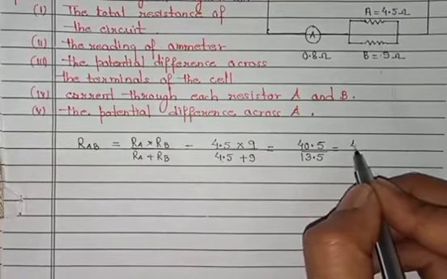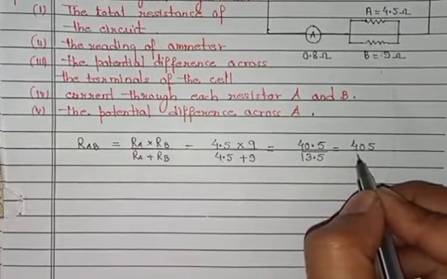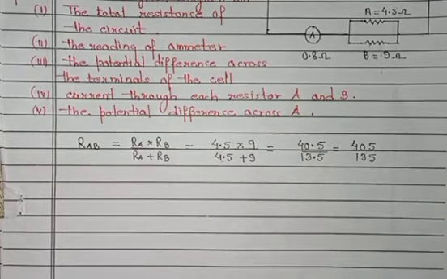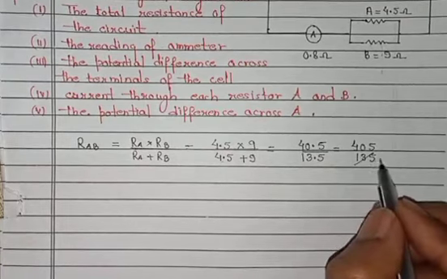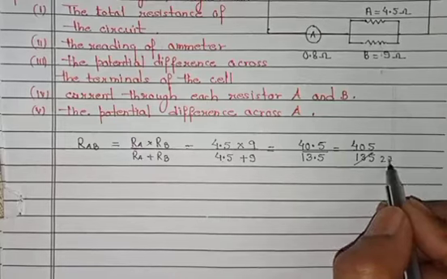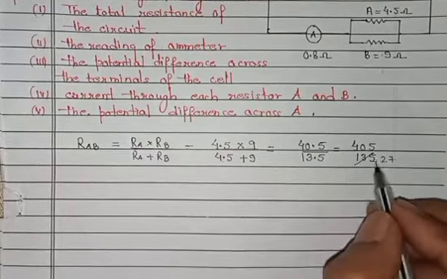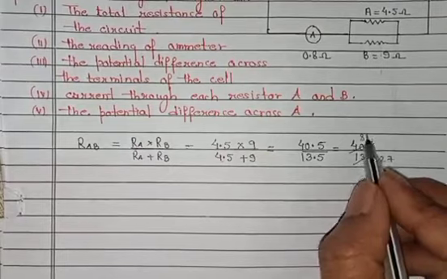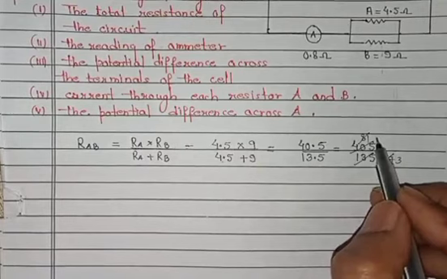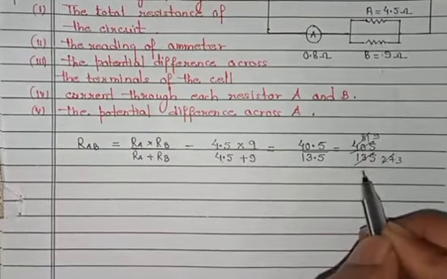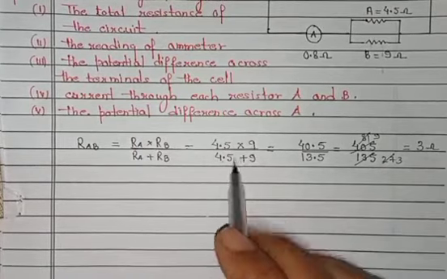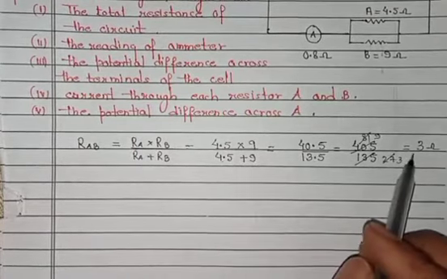So this will be 405 upon 135. So let's reduce it by 5. You can reduce it by 9. 9 3s are 27, 9 is 81. So this will give you 3 ohm. So the equivalent of A and B is 3 ohm.